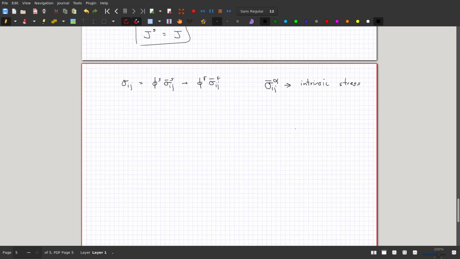Okay. So what I'm going to do is I'm going to solve this equation for the solid intrinsic stress. Or I should just say rearrange this equation.